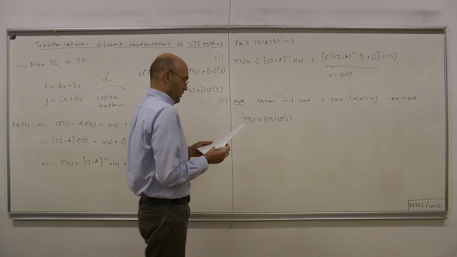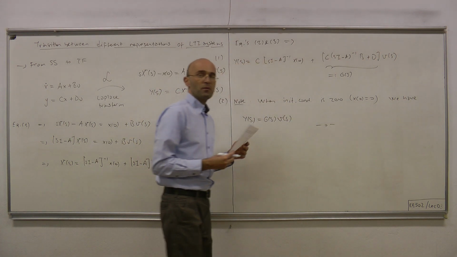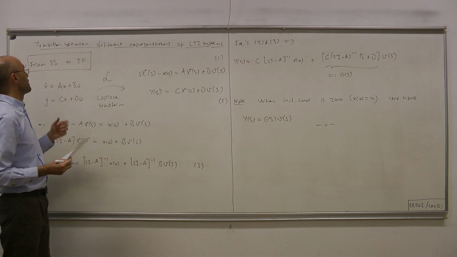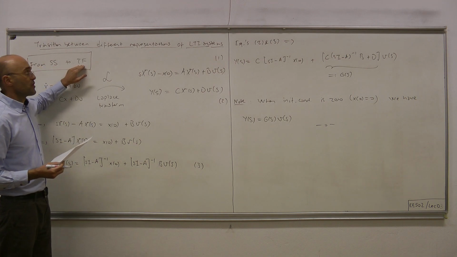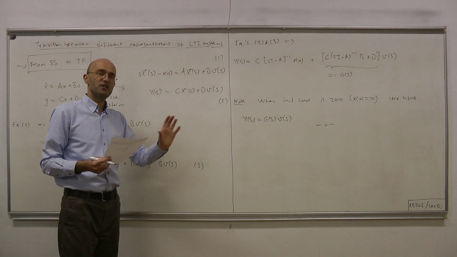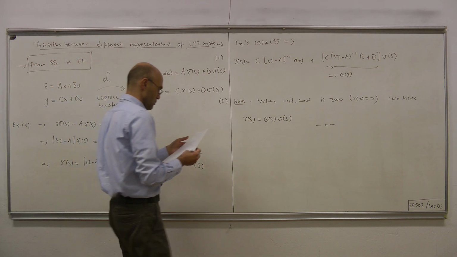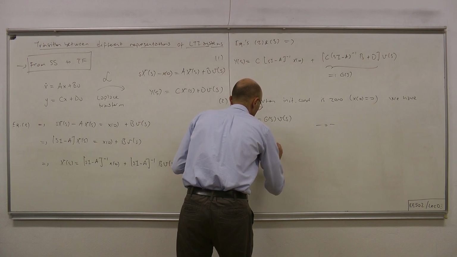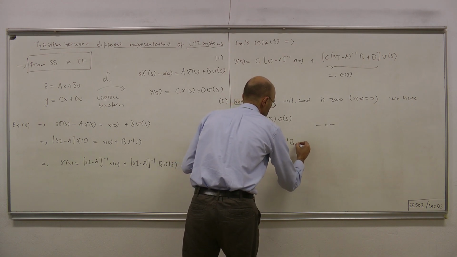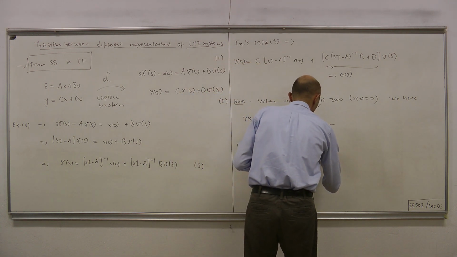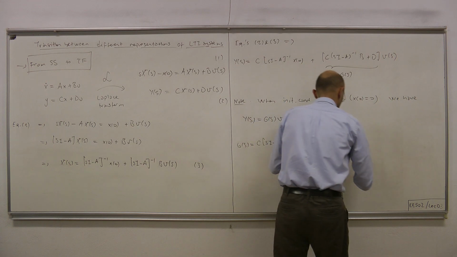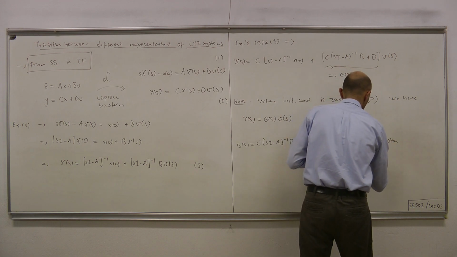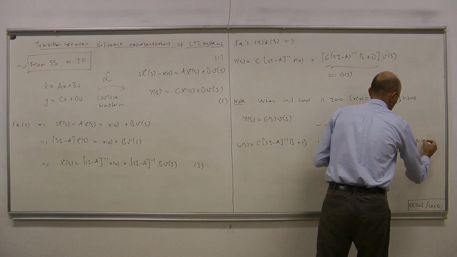So let's summarize what we have figured out, which was obtaining a relation for the transfer function in terms of the state space representation parameters, namely the matrices A, B, C, D. So G(s) equals C times (sI minus A) inverse times B plus D is called the transfer function, and in general it's a matrix.